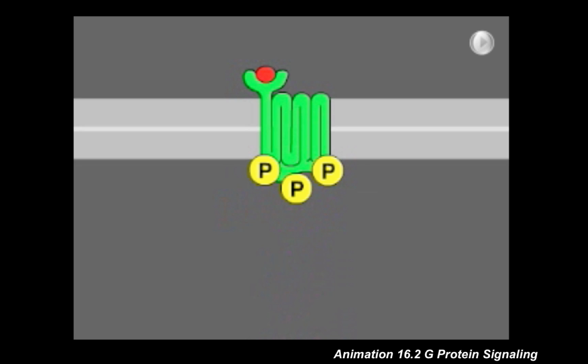Once a receptor has been phosphorylated in this way, it binds with high affinity to an arrestin protein, which inactivates the receptor by preventing its interaction with G-proteins. Arrestins also act as adaptor proteins and recruit the phosphorylated receptors to clathrin-coated pits, from where the receptors are endocytosed, and afterwards they can either be degraded in lysosomes or activate new signaling pathways.